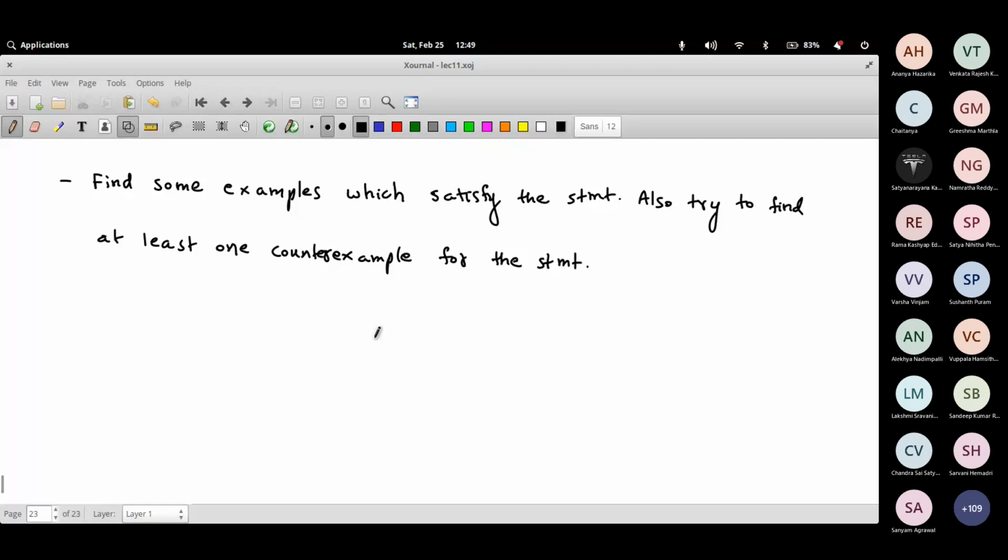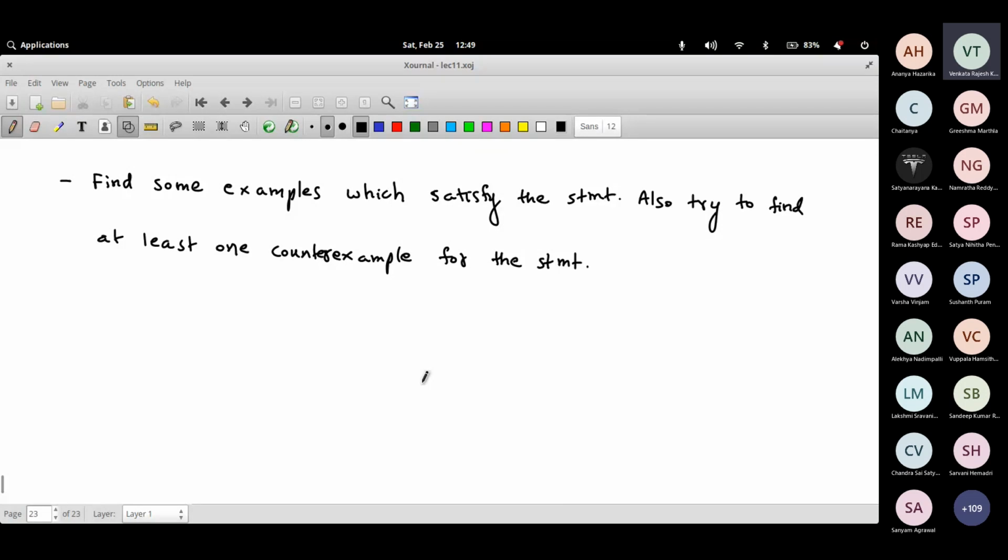So here, basically what you're trying to do is you're trying very hard to find at least one counterexample for the statement. Assume the statement is true. Now you will not find any counterexample, but suppose you are trying to find at least one counterexample for the statement. Then in the process of trying to disprove the statement, you may find a clue on how to prove it, right? So you may understand, okay, why am I unable to disprove it?